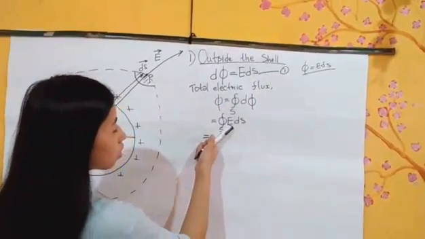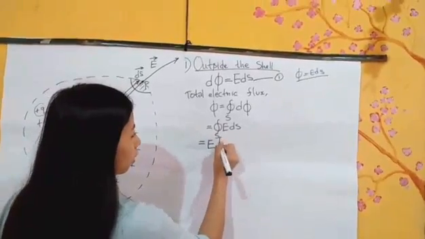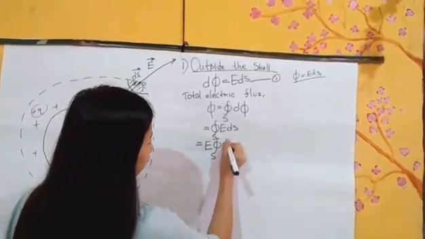And since E is a constant here, let's take E outside, which becomes E times the closed surface integral of dS.